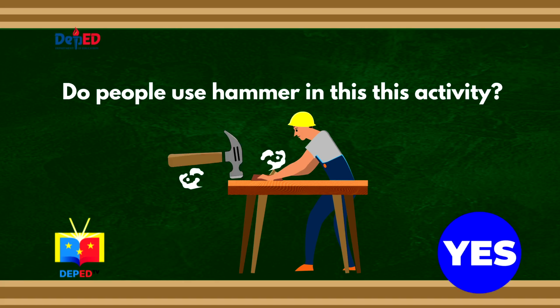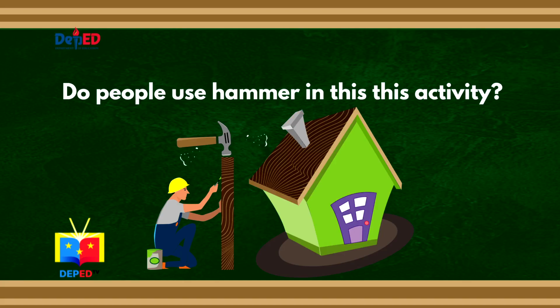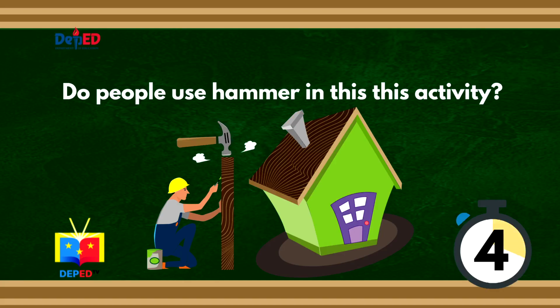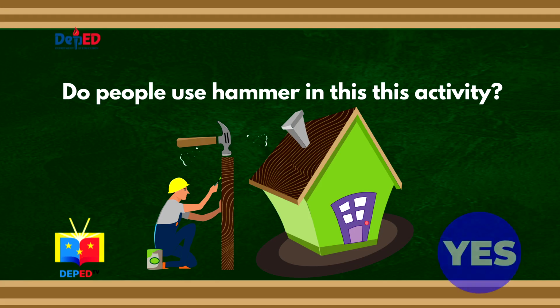Hammer is needed in pounding nails in order to put all the pieces of wood together and become one piece of furniture. Do people use hammer in this activity? The answer is yes. Carpenters use hammers in building houses.